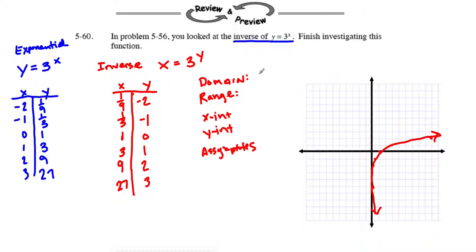So we can say that x has got to be greater than 0. Our range, well, this one's going down forever, and then it comes up and it curves upward forever, so we're going to look at all real numbers. So you could say negative infinity is less than y, which is less than positive infinity, are all real numbers, because it's going to extend upward and downward forever in both directions.